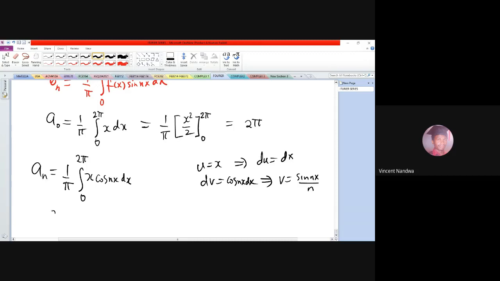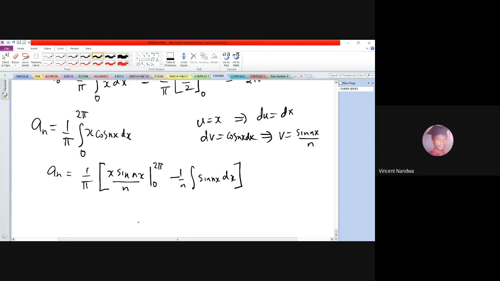So an will be 1 over pi, uv is x sine nx over n from 0 to 2 pi, and then minus v du, so we have 1 over n integral of sine nx dx. Now when you put 2 pi here, sine of multiples of 2 pi is 0, and with lower limit 0, this part will just be 0.